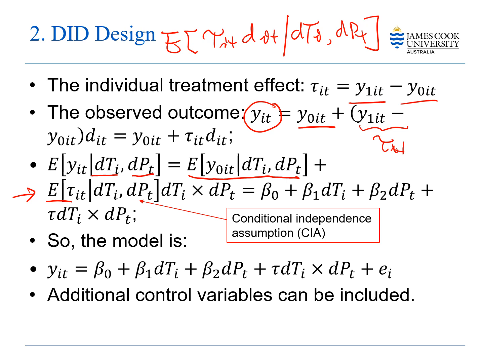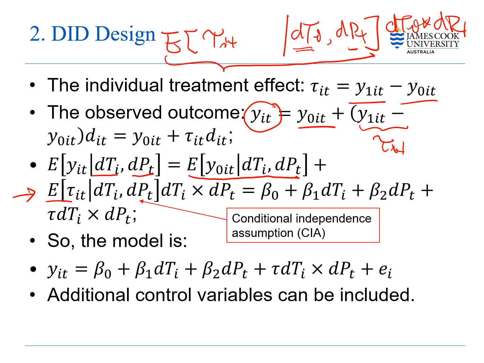Little dit is dti times dpt. We condition on these two, dti and dpt, which means we know dit, so we can treat it as a constant. We can pull it out and write it as the interaction dti times dpt. Then we have these terms inside, which is the average treatment effect.